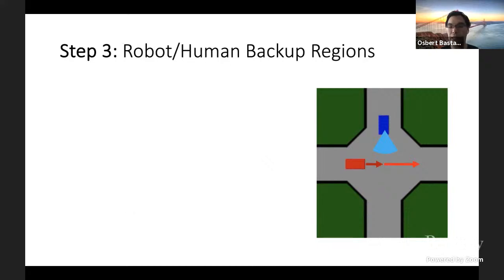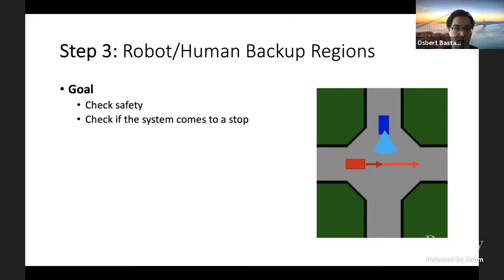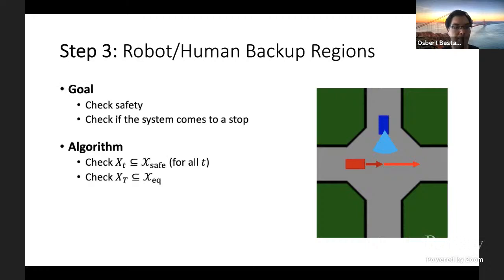Once we've computed this sequence of reachable states of the system under these two action sets, the third step is to check the recoverability property. First we want to check whether the system is safe for the entire horizon, and we also want to check whether the system comes to a stop. Those are the two key properties.